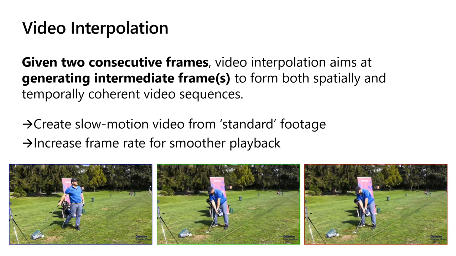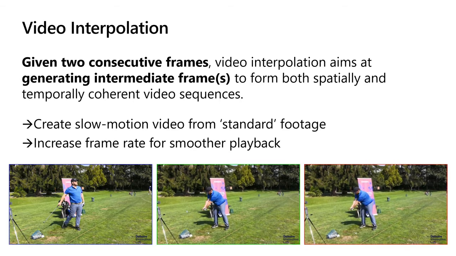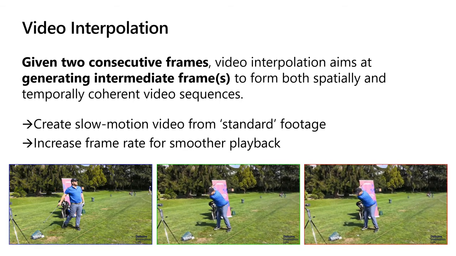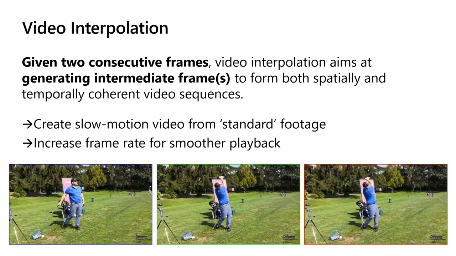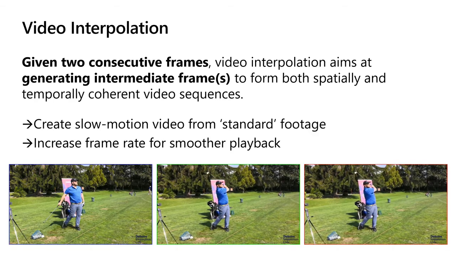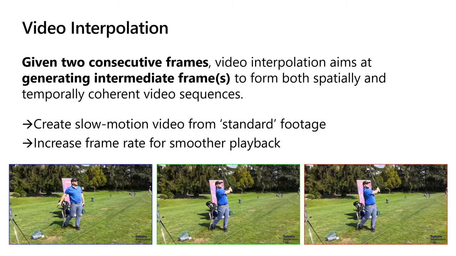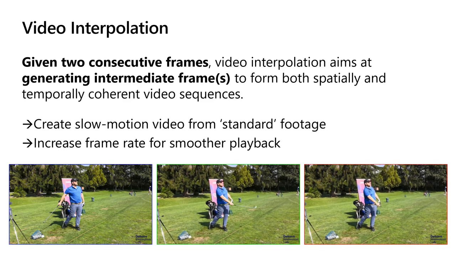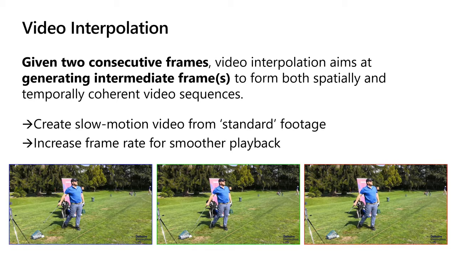One, we can create slow motion videos starting from standard frame rates, meaning that we don't need high quality, high speed cameras to obtain similar slowed down videos. On the other side, we can use these techniques as a way to increase the frame rate of existing footage. Maybe it has a very low frame rate, and we increase it up to 30 frames, 60 frames, 90 frames per second as we need.